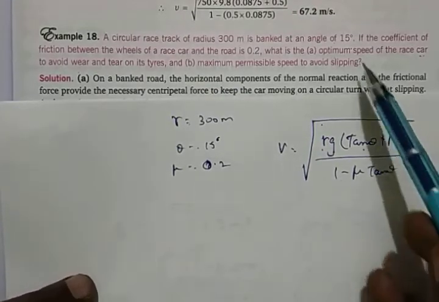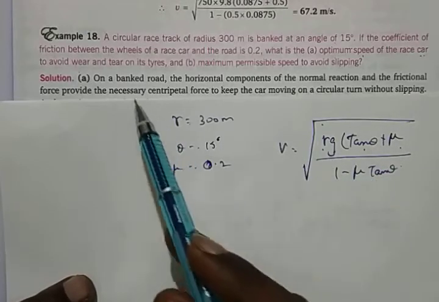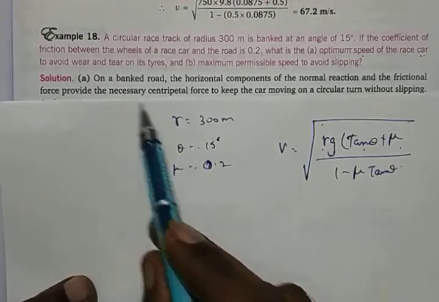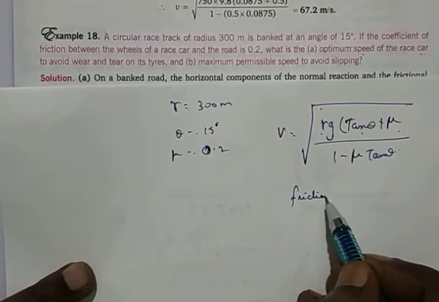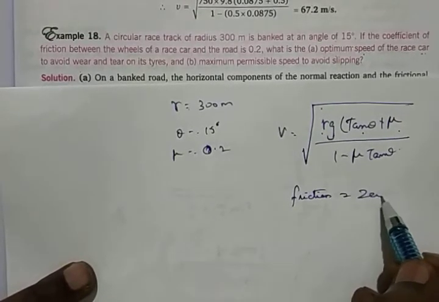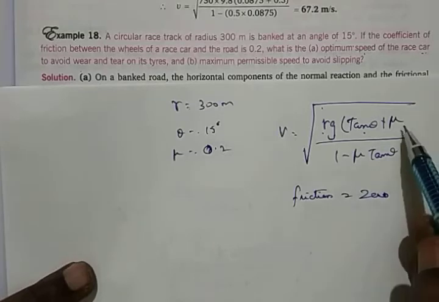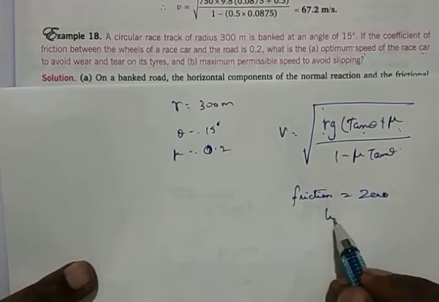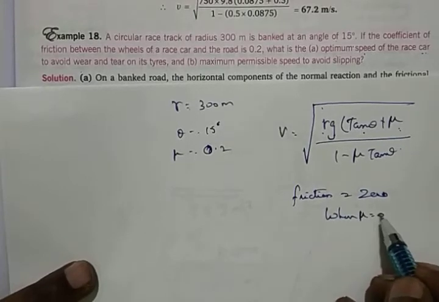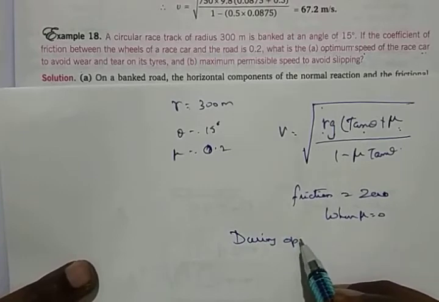What is asked is the optimum speed, not the minimum velocity. The velocity has to be such that he will not have wear and tear. If you don't want wear and tear, it means you should have friction equal to 0. Then only you will not have wear and tear. Your tires will be wearing and tearing because of friction only. Let us assume friction is 0 here. Okay. When mu is equal to 0, you can write down the optimum speed.